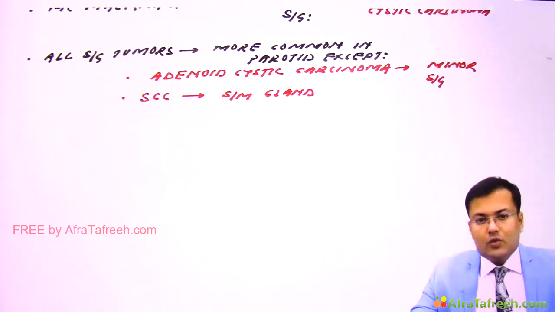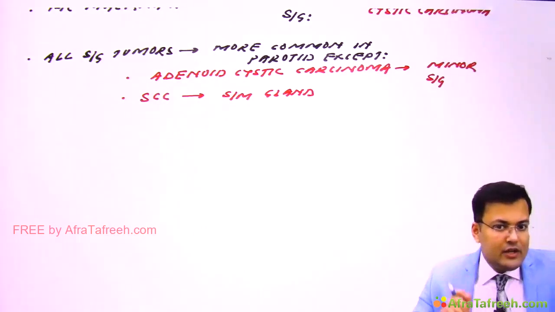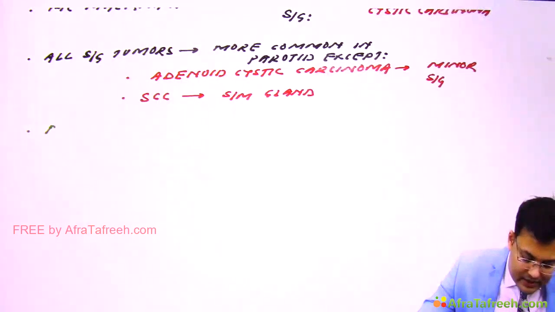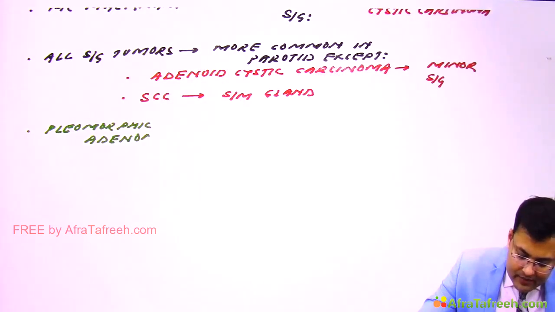Clear? So what are the salivary gland tumors which are more common in parotid? Yes, the list is, pleomorphic adenoma, it is more common in parotid.